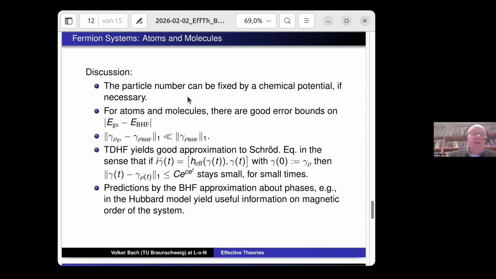Now, if we look specifically at atoms and molecules, then there are good error bounds on the difference between ground state energy and the Bogoliubov-Hartree-Fock energy. So let me comment here a little bit on what the contributions have been.